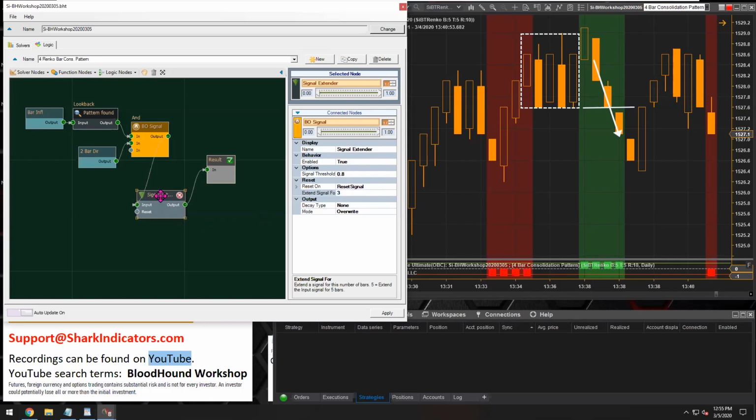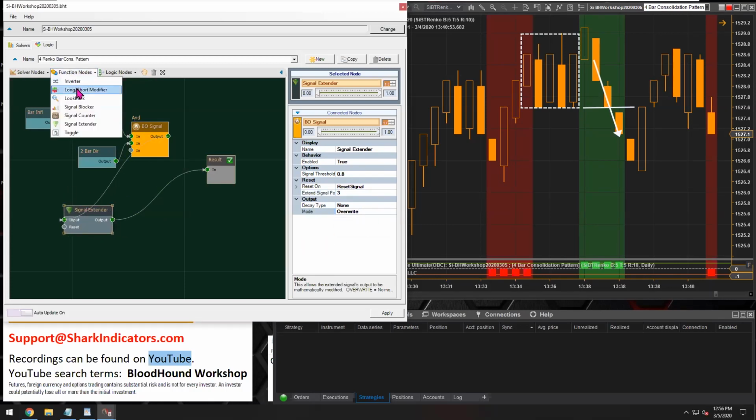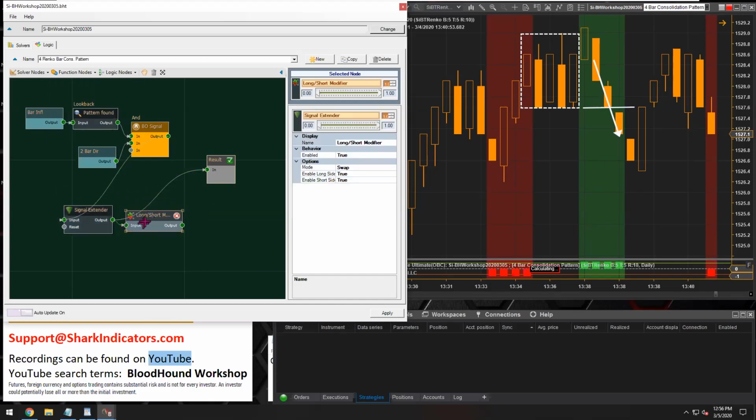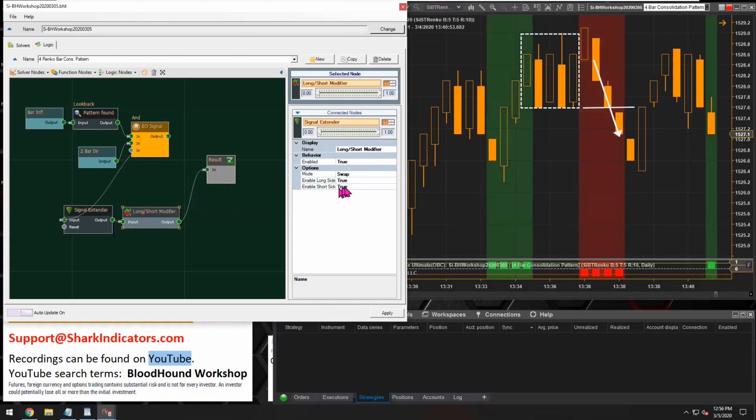And so we can take this, and we'll take that, and then we'll take a long short modifier. And the long short modifier, we're using that to swap the signals, right?